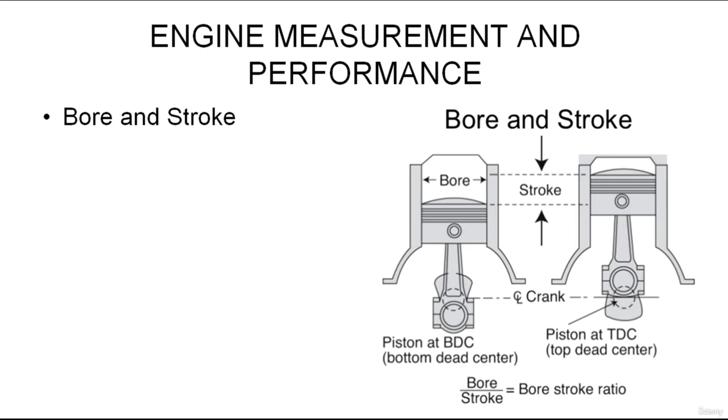When the bore and stroke are of equal size, the engine is called a square engine. Engines that have a larger bore than a stroke are called over square, and engines with a larger stroke than bore are referred to as being under square.